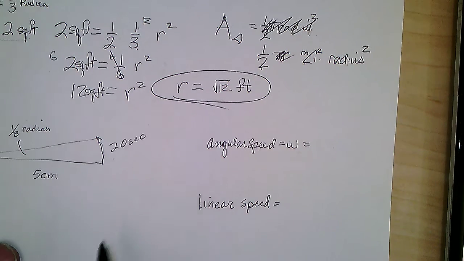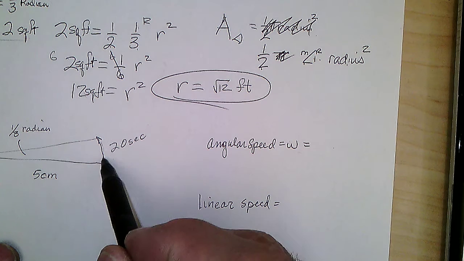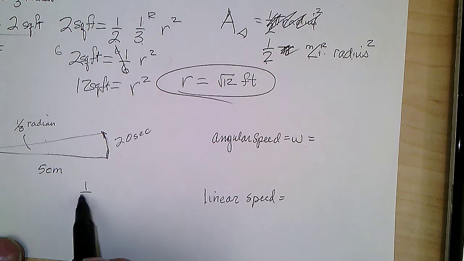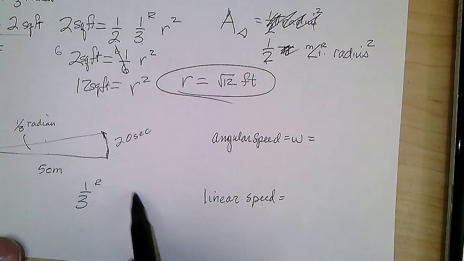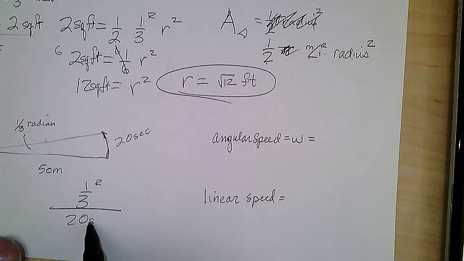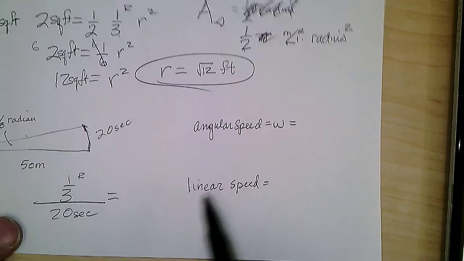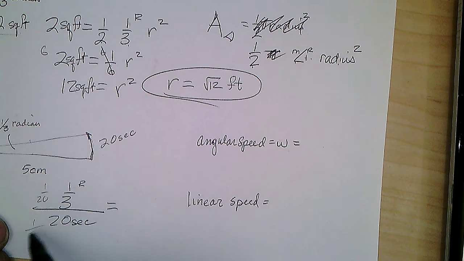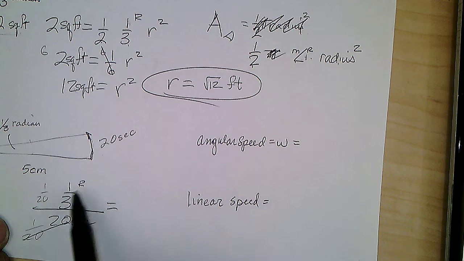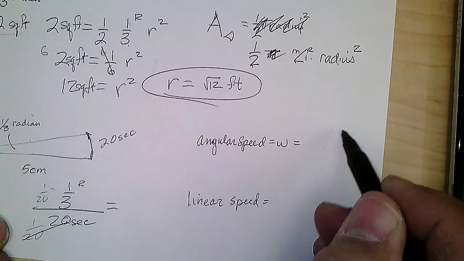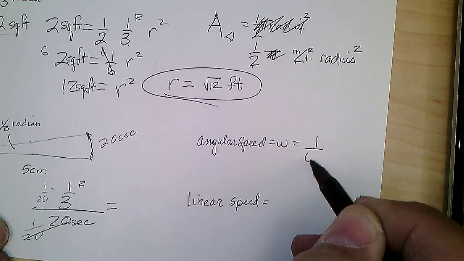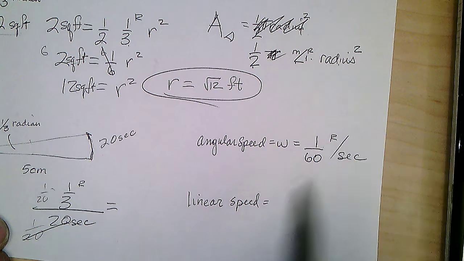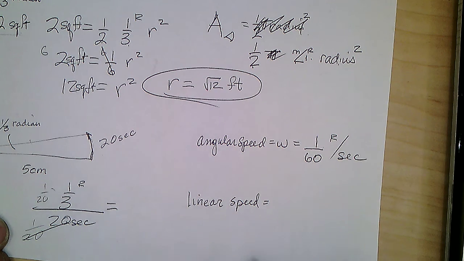And finally, the last one. It wants to know how fast the angle is changing. Well, it's going 1/3 radian in 20 seconds. So how many radians per second? If I multiply by 1/20th, I get the angular speed to be 1/60th radian per second. So what's my linear speed?